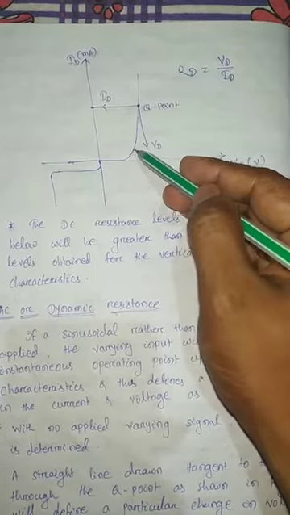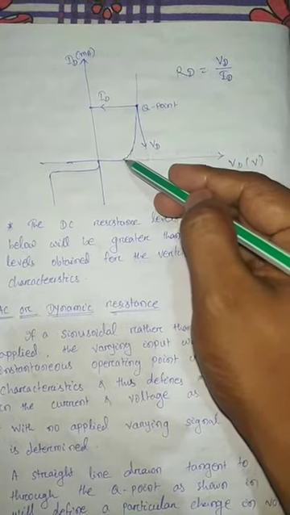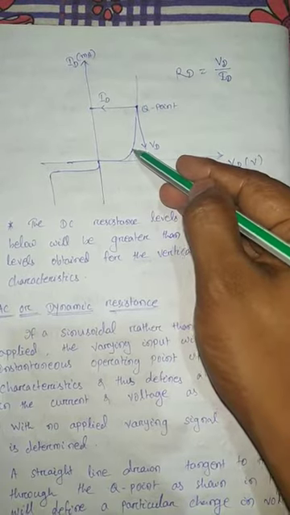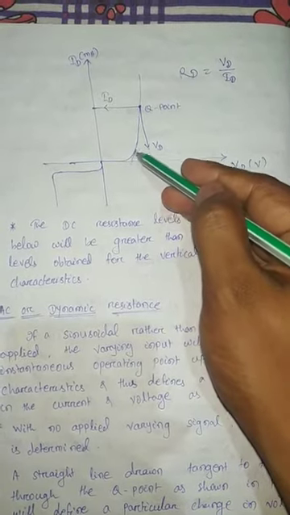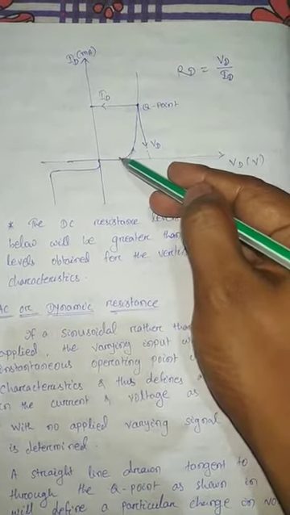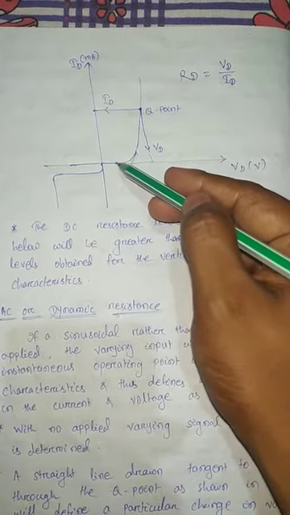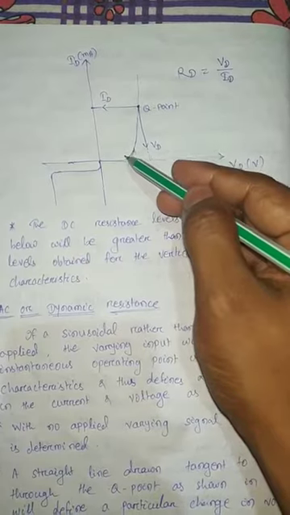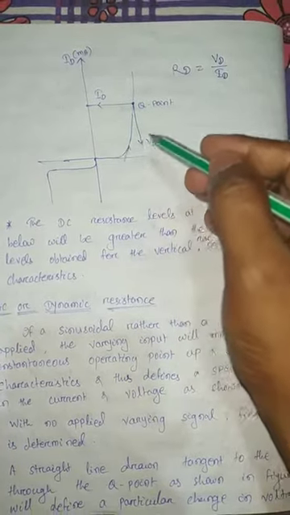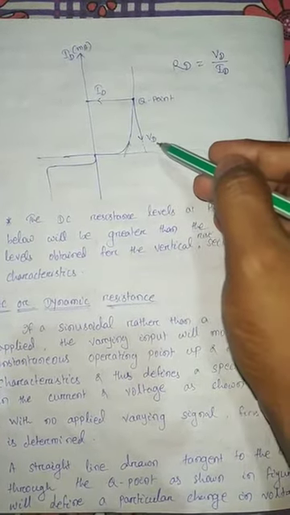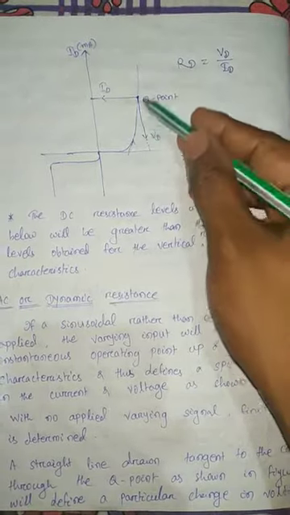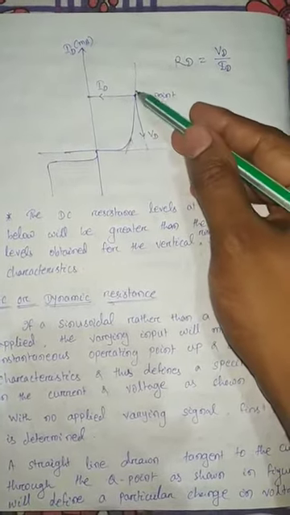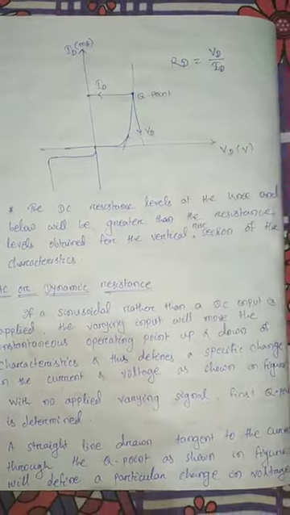Below this knee voltage, the current flowing through the diode is very negligible. So the resistance offered by the diode in forward bias up to the threshold voltage is large compared to the vertical rise section, because in that section the current is very high.